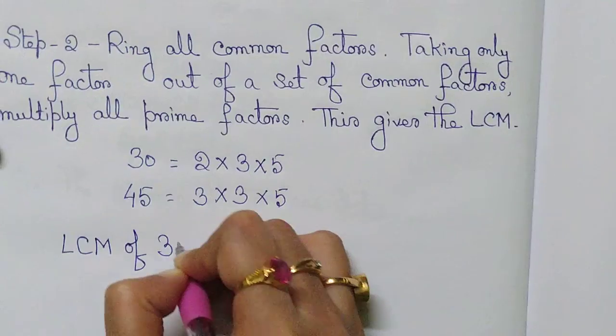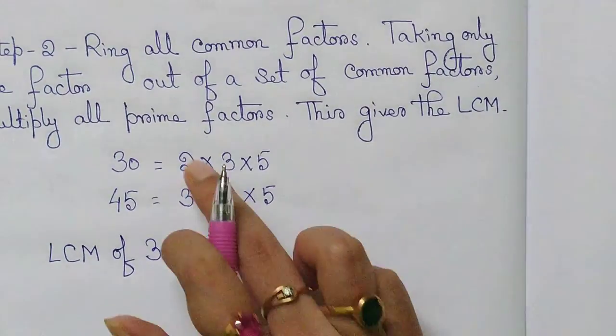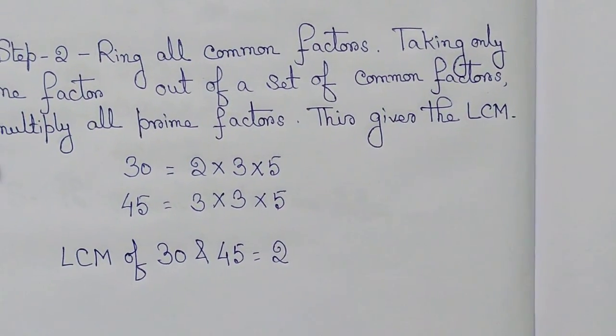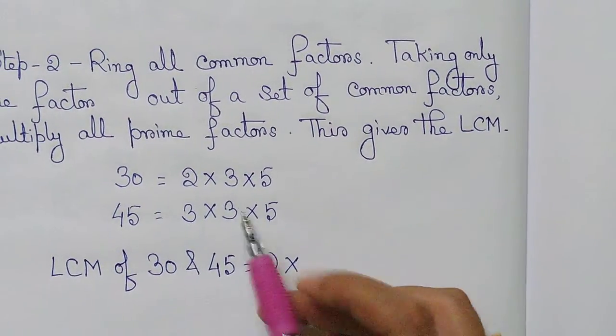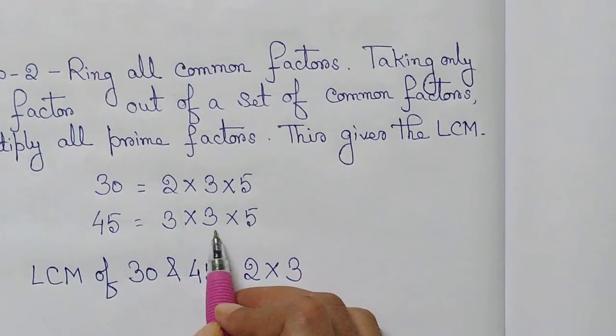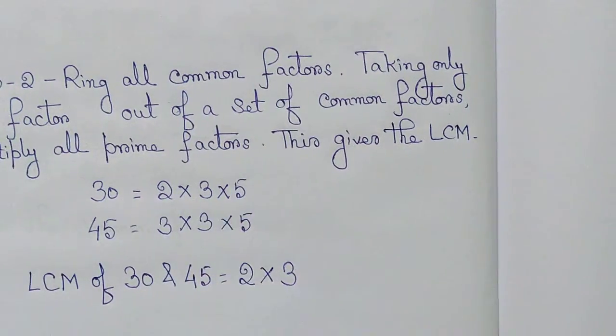of 30 and 45 equals to, first I am going to take 2 and I need to multiply. So I will be giving a multiplication sign. Then I can take 3. See over here 3 has been repeated twice and over here only once.